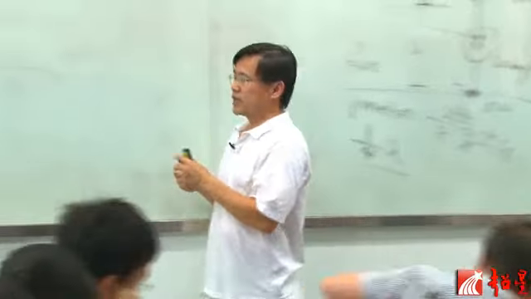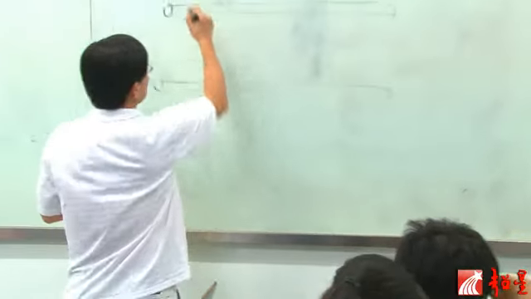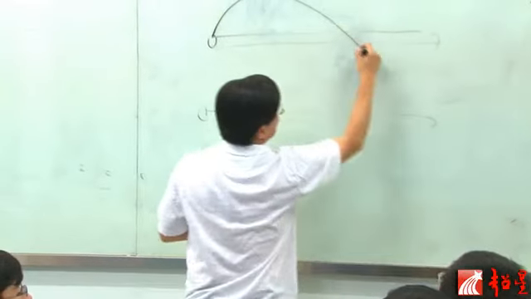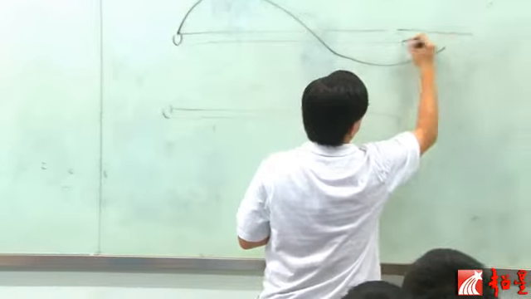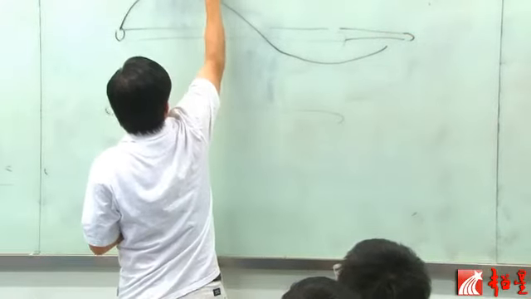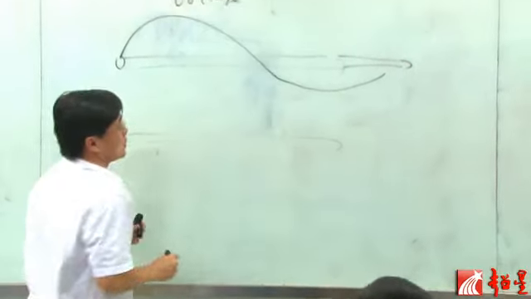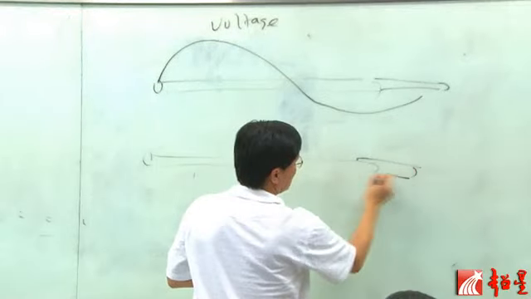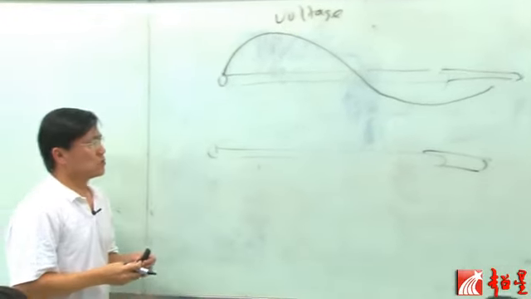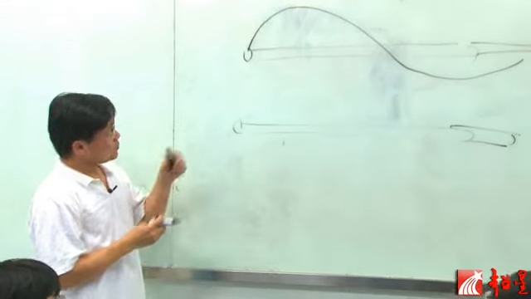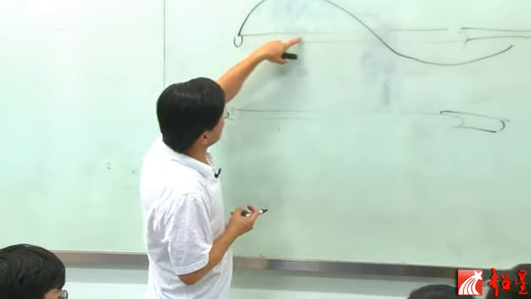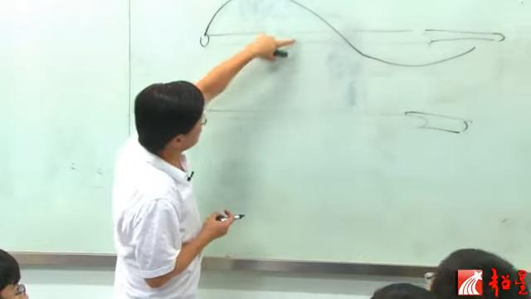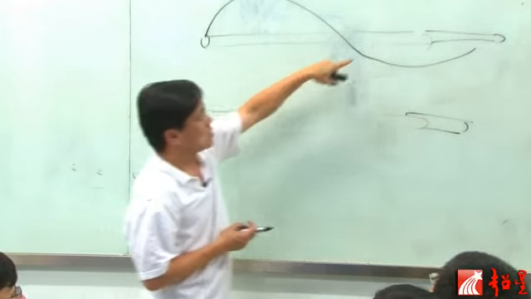Okay, if I take a snapshot of this line, if this is my voltage along the line, and then what is the charge distribution over here and over here?